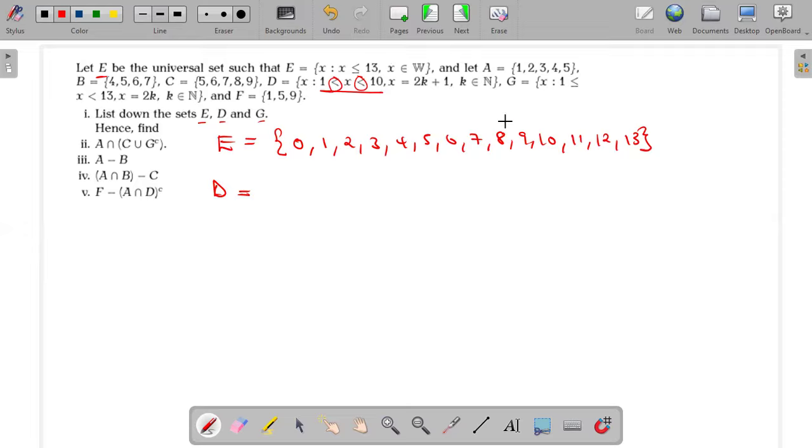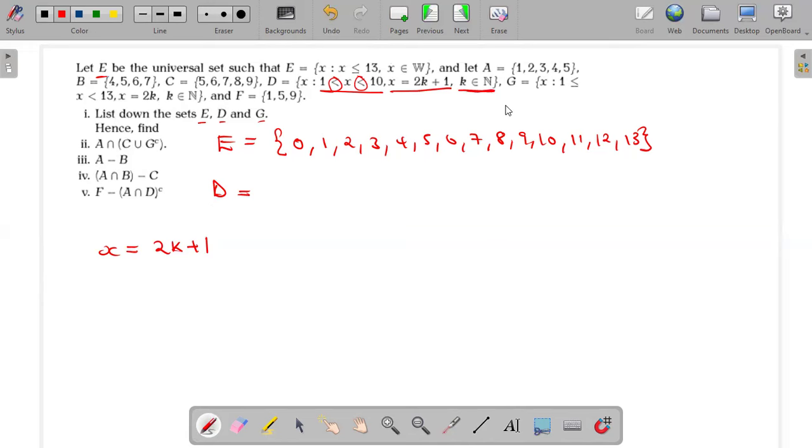But then x has been defined by a formula, that is x equals 2k plus 1, and they're telling us k is a natural number.